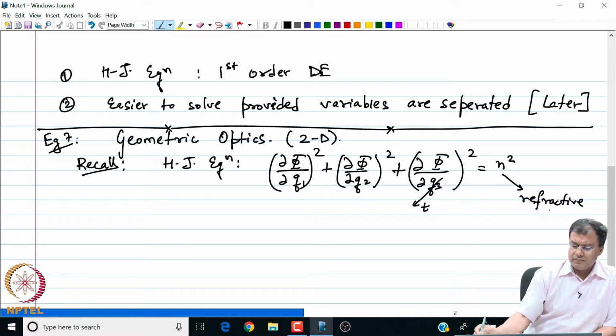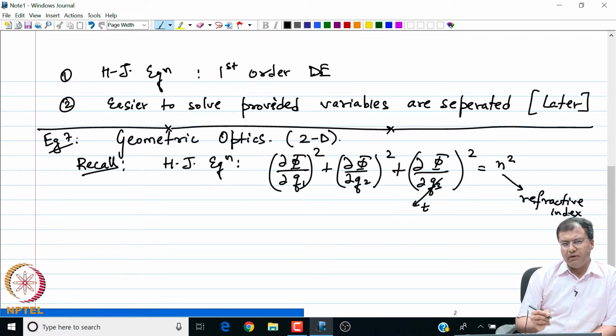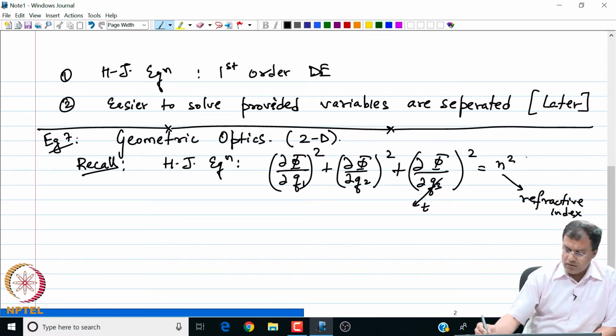Okay. So this example was again introduced in my previous lecture, and I introduced that this equation is the so called eikonal equation of geometric optics.